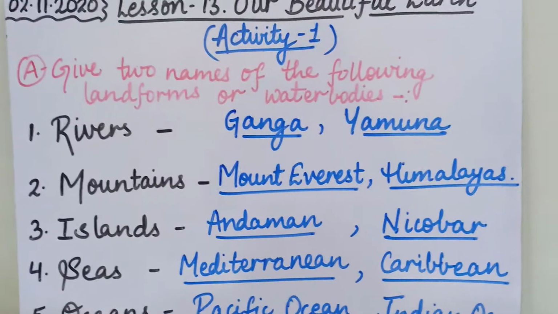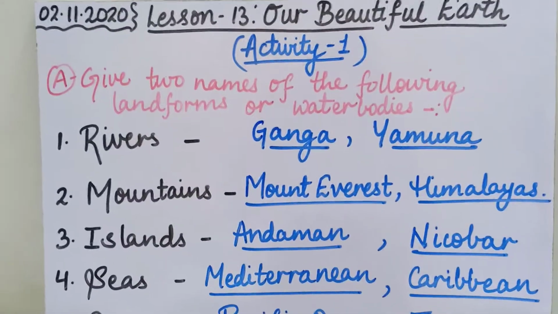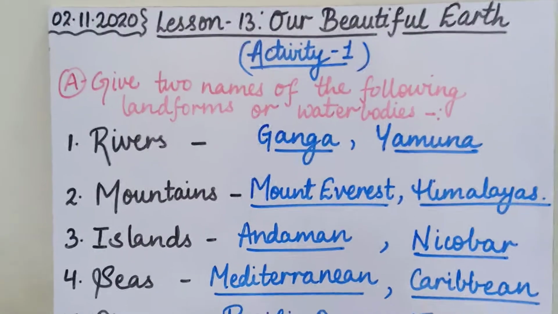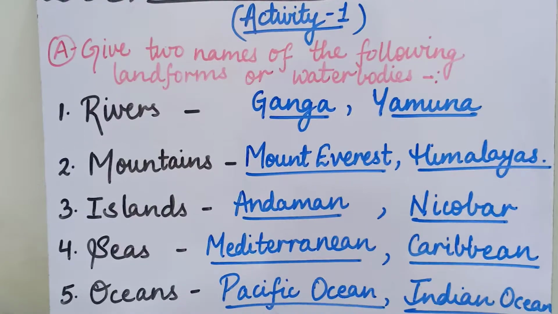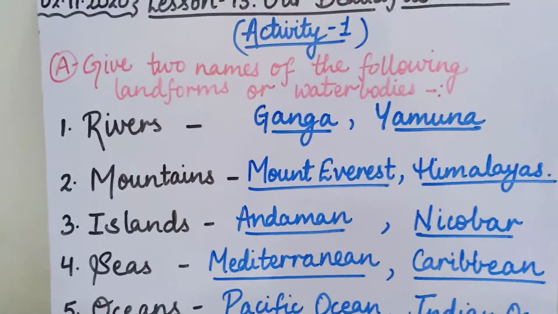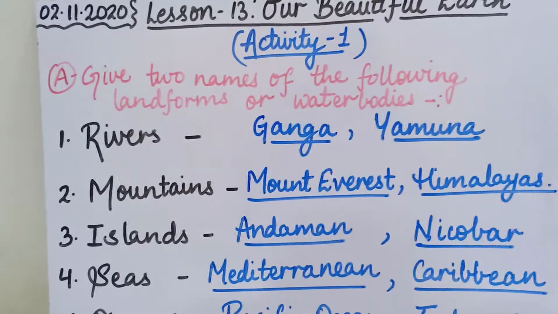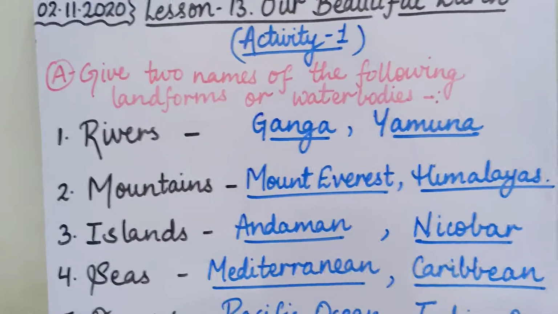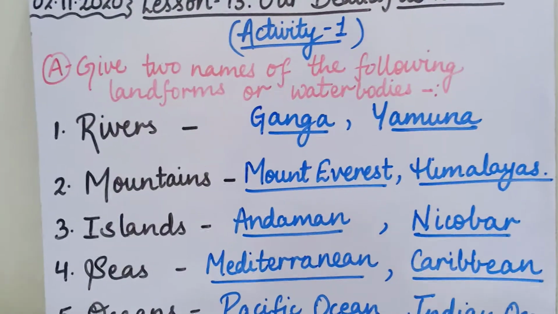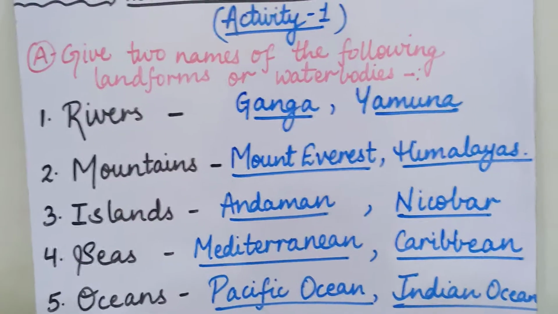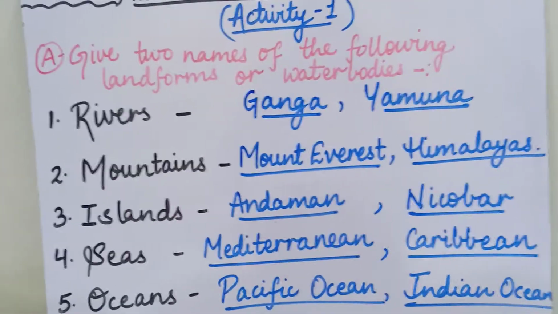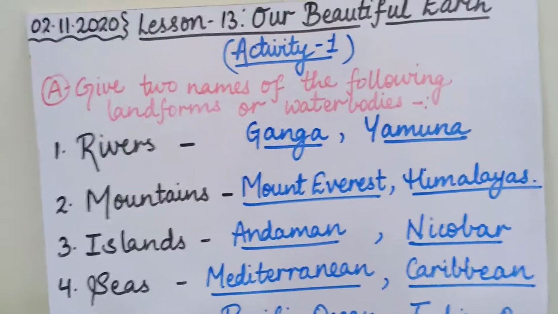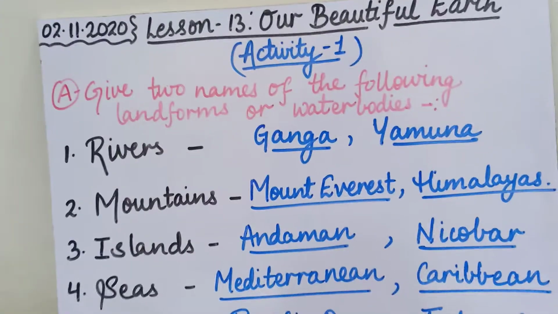This exercise is based on the names of rivers, mountains, islands, seas, oceans, whatever landforms and water bodies are there on our earth. I hope you have understood what you have to do.